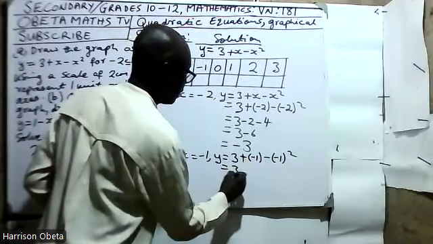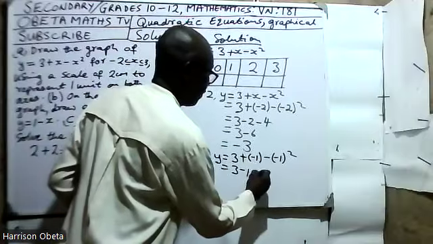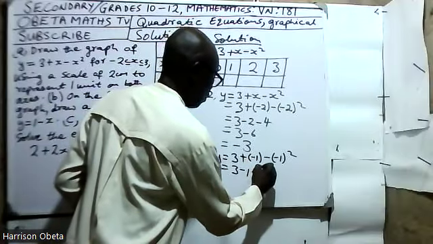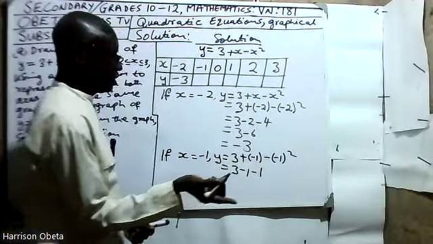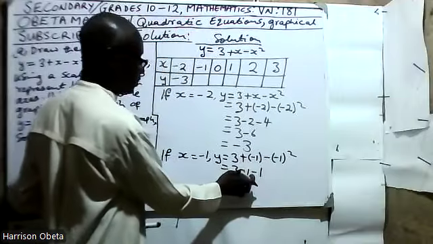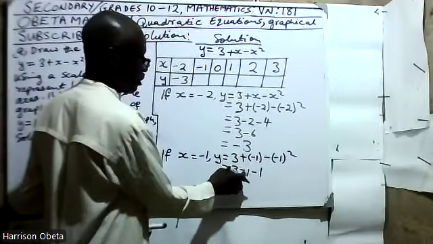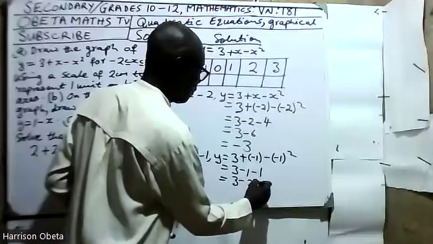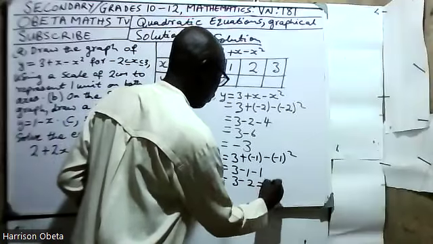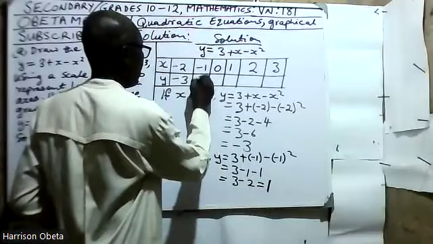And that will give us 3 minus 1 minus 1. Why? Minus 1 times minus 1 is still 1, positive. This negative is this, and this one is this. So that will give us 3 minus 2, which is equal to 1, positive. So we have 1 here.